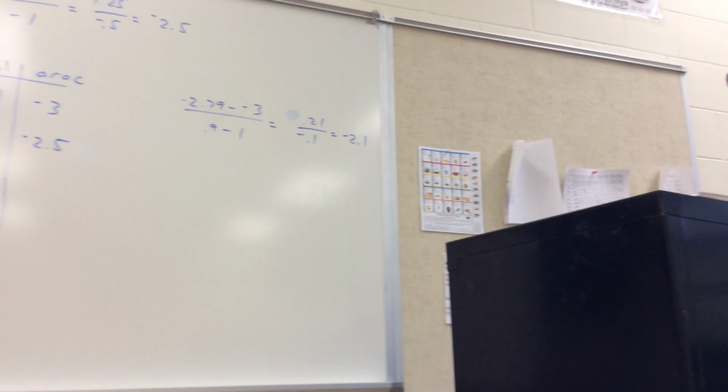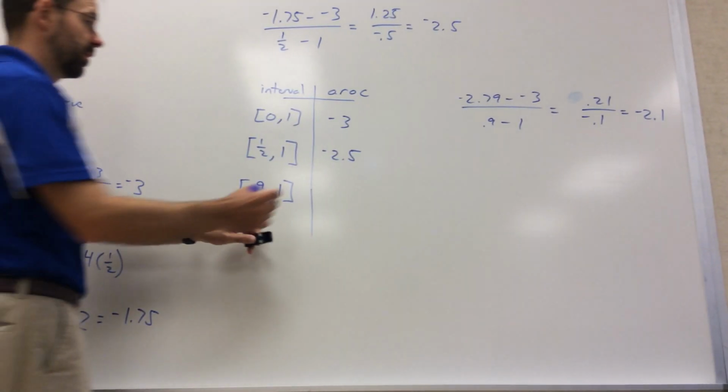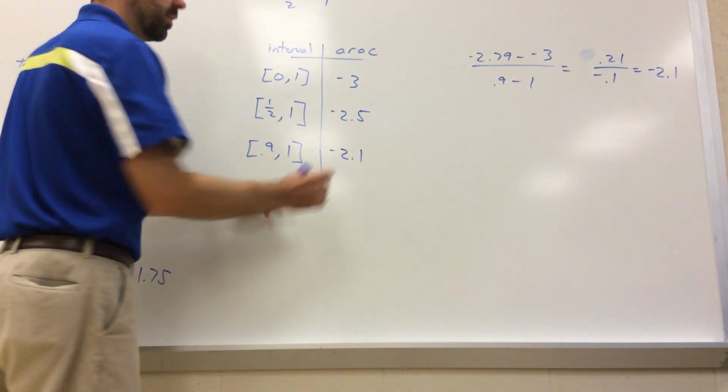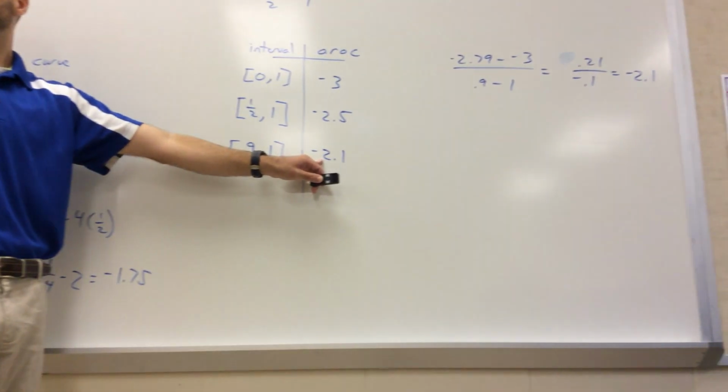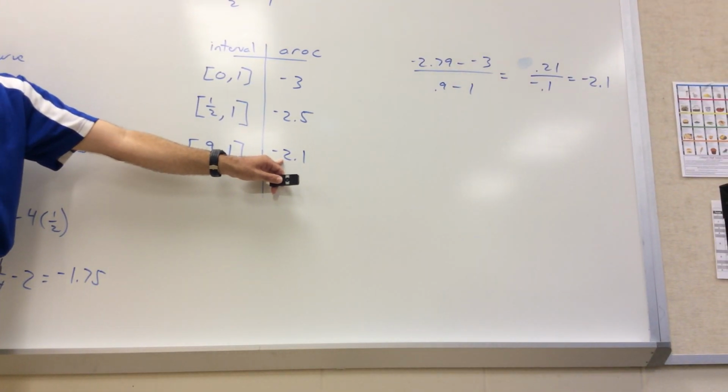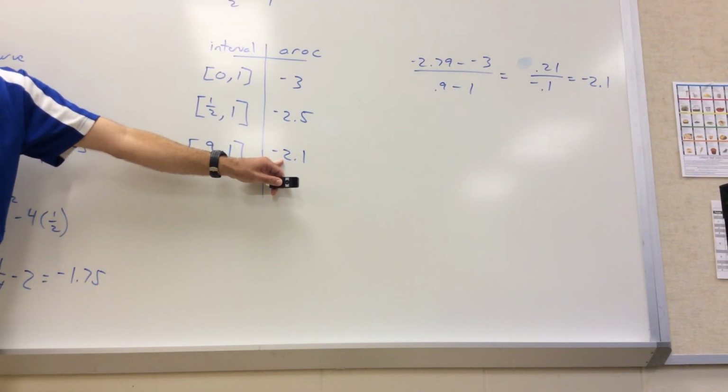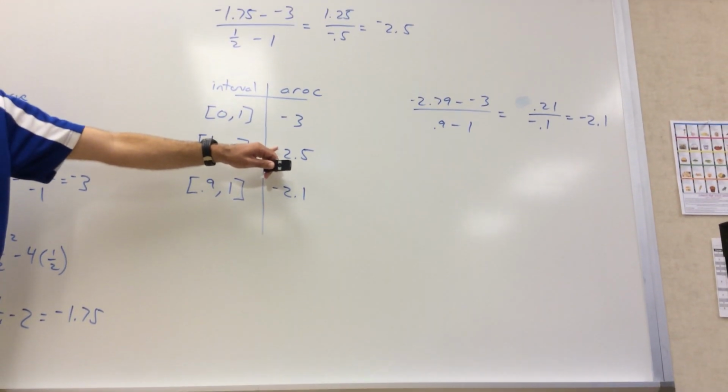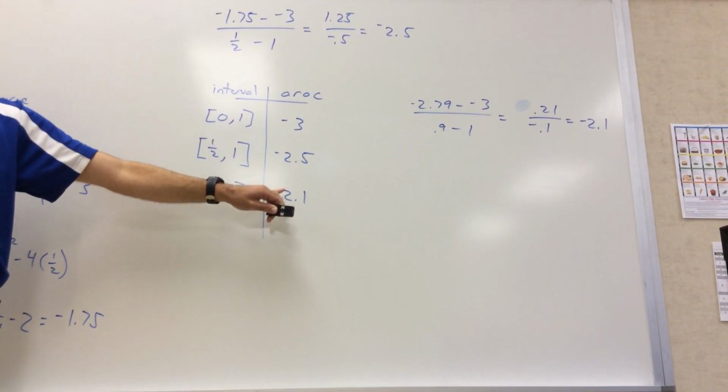So now I can enter my third entry in my table here, negative 2.1. So this is a wrong answer, that's a wrong answer but better. This is a wrong answer but even better.